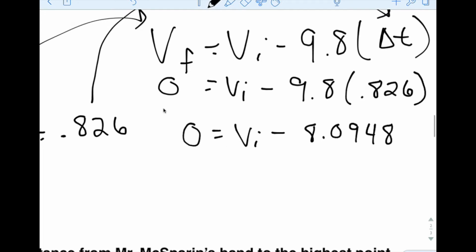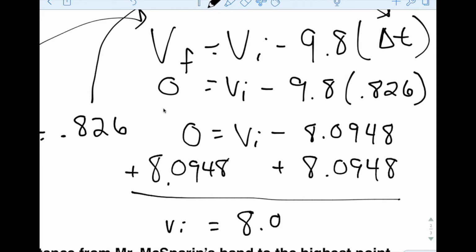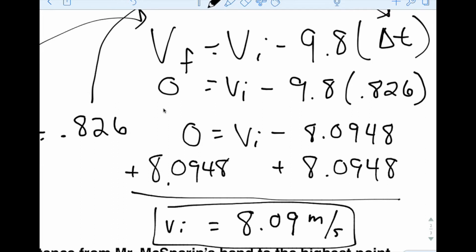Now I'm trying to get VI by itself, so I'm just going to add 8.0948 to both sides. And look at that. I'm going to get VI equals positive 8.0, and I'm just going to go ahead and round that to 8.09 meters per second.